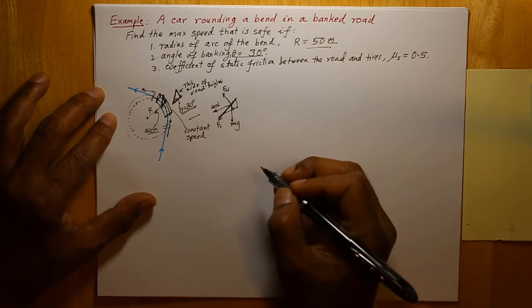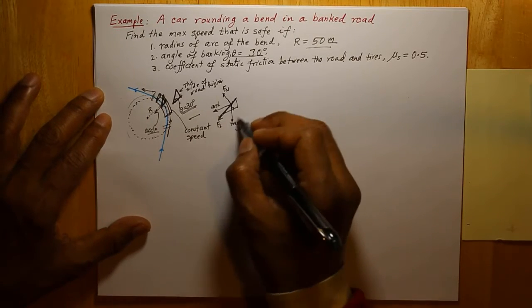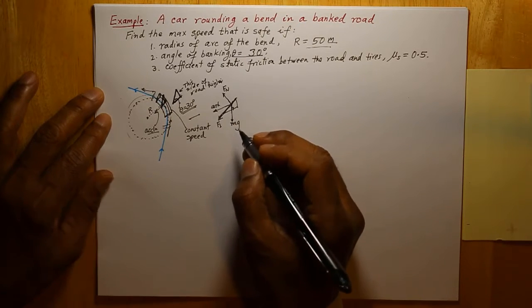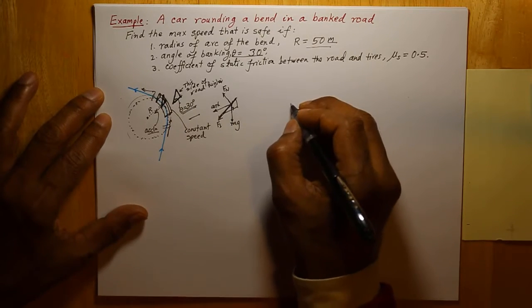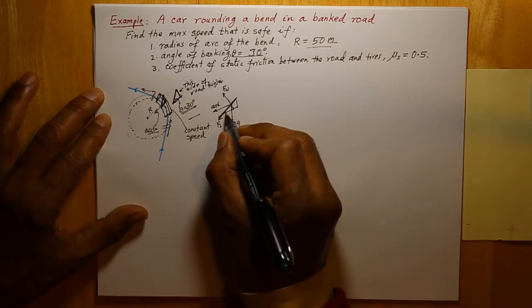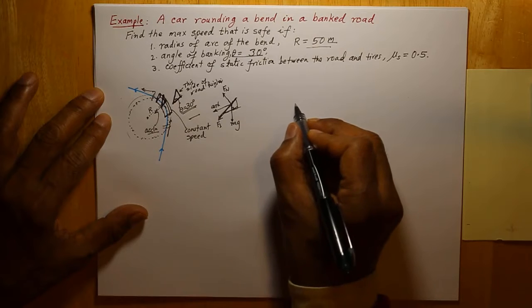So what we will do is try to draw this diagram so that it's easier to work with. Let's see what the diagram looks like. We could draw a horizontal line.